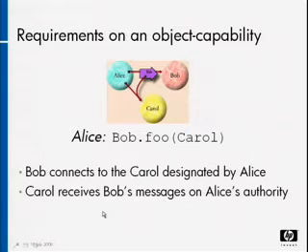So let's imagine further that maybe Carol is a special kind of callback. Carol is a callback that writes her callback arguments to a log file. And so every time this callback gets invoked, it's going to write out a line in a log file. Alice has authority over this log file, and Alice has been given the permission to write out to this log file, but she now wants to delegate that access to Bob.